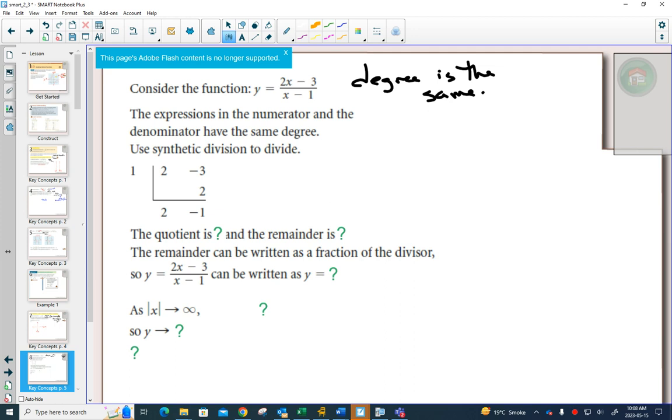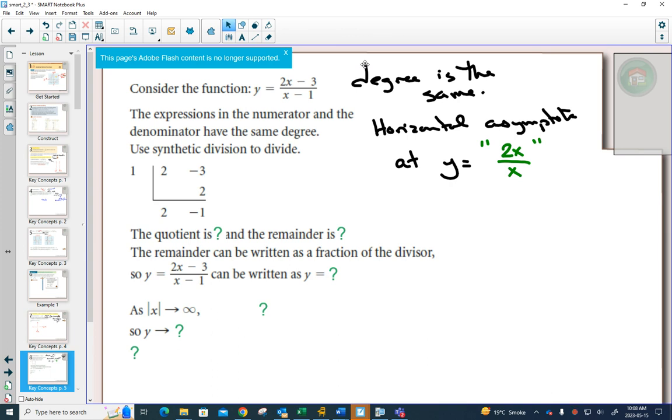if the degree is the same, then you will have a horizontal asymptote at y equals, and to figure it out, I'm going to put quotation marks around this and put it in green because it changes for every equation.